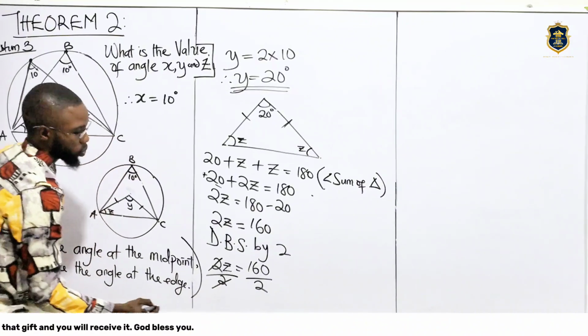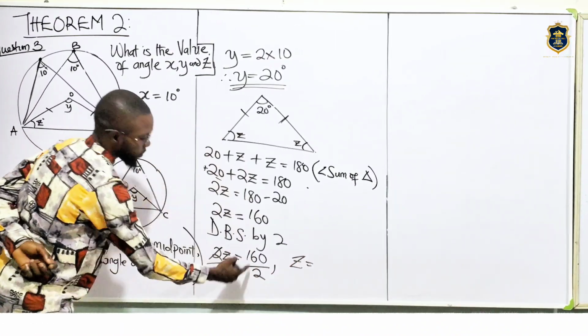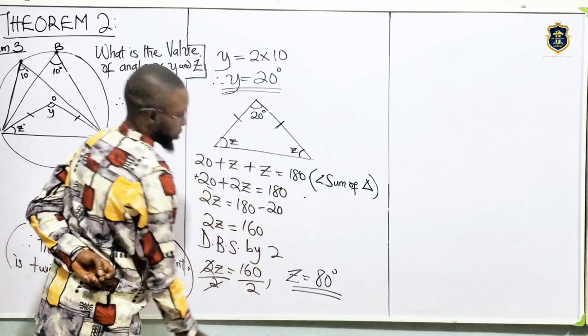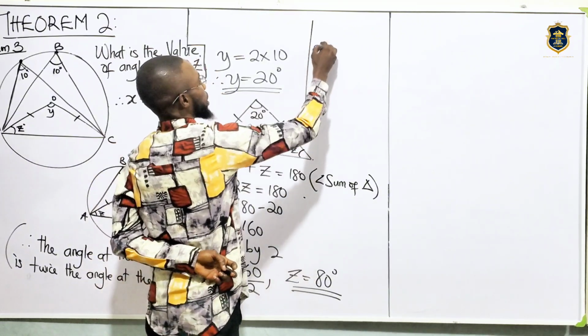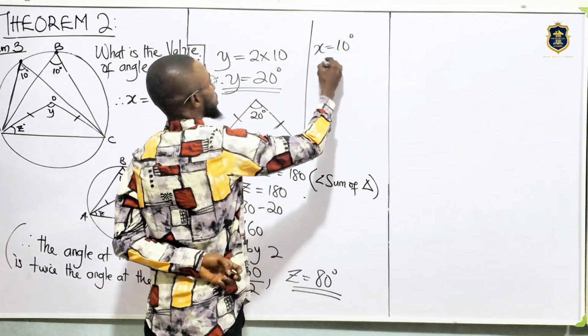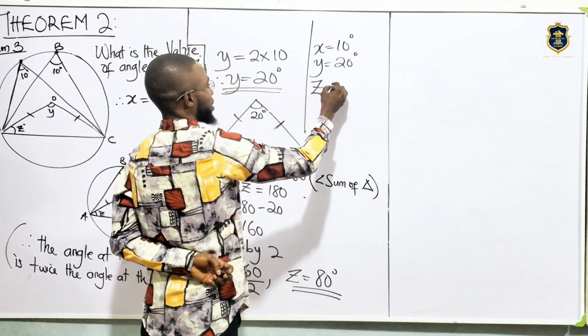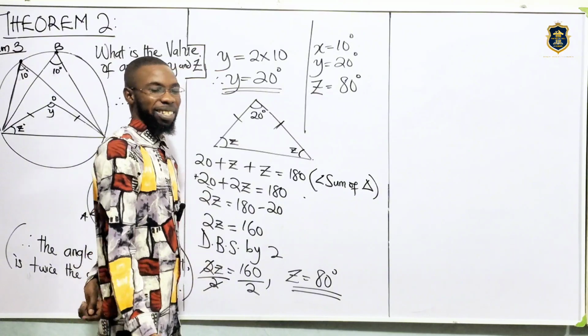We take off 2. We now know that our z is equal to 160 divided by 2, which should be 80 degrees. Therefore, we now know that our x is 10 degrees, y is 20 degrees, and z is 80 degrees. So that's simple.